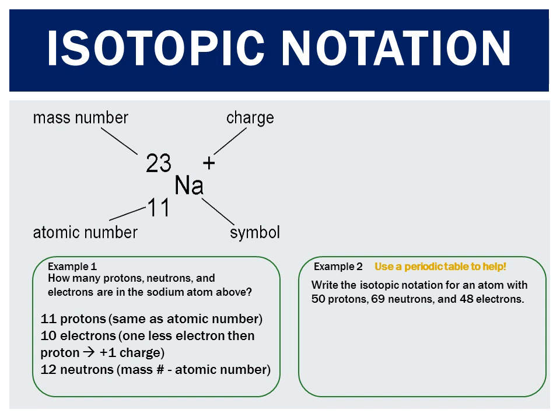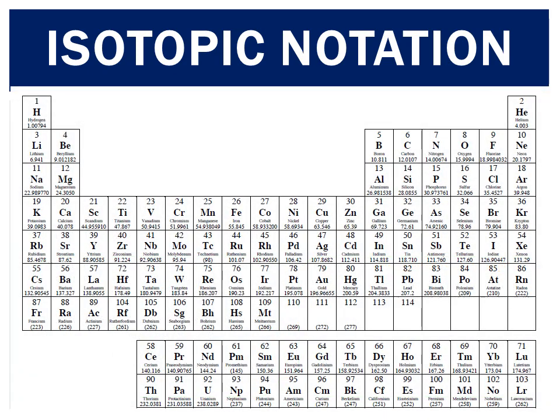All right, let's kind of do the opposite here. Now I know how many protons, I know how many neutrons, and I know how many electrons. I want to write the isotopic notation. Remember, the big number in the middle is the symbol for the element. So I'm going to use my number of protons to figure out which element this is. Remember, protons equals atomic number, so I'm going to look on my periodic table and find atomic number 50, which is right here on the left, sort of halfway down.